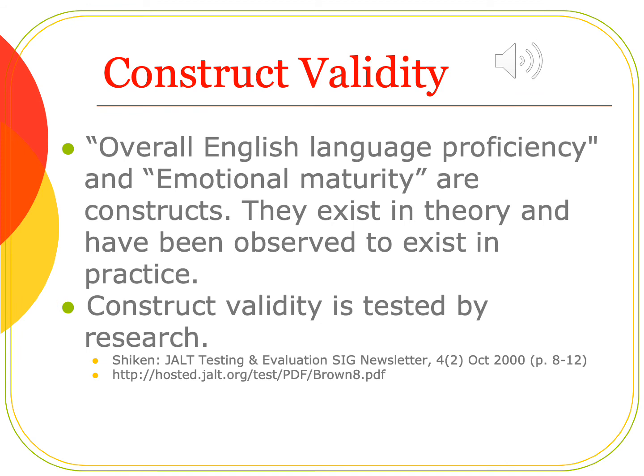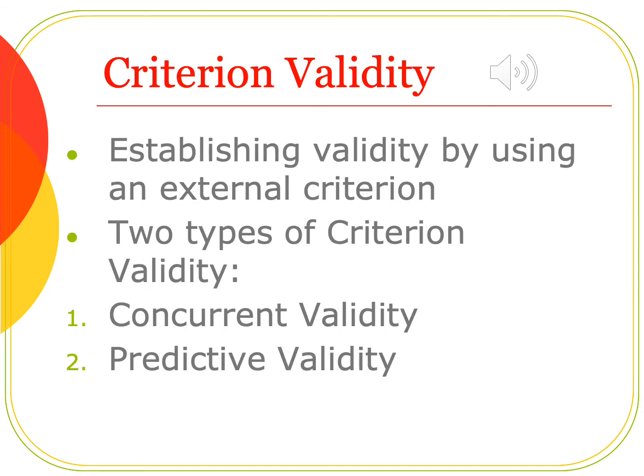So whether we're talking about overall English language proficiency or emotional maturity, right? These are constructs. They exist in theory and have been observed to exist in practice. And again, are we testing these things in a way that has been shown to be a valid way to test what we're testing? Now we move on to a little bit of a different kind of validity.